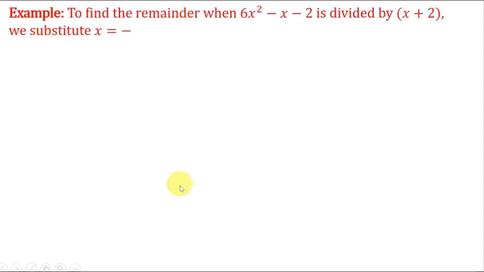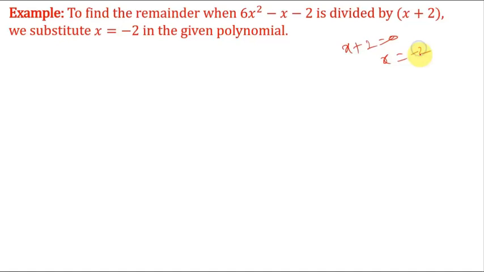Now we will see the example. To find the remainder when 6x square minus x minus 2 is divided by x plus 2, we substitute x equals minus 2. That is, if we take x plus 2 equals 0, then you will have x equals minus 2.